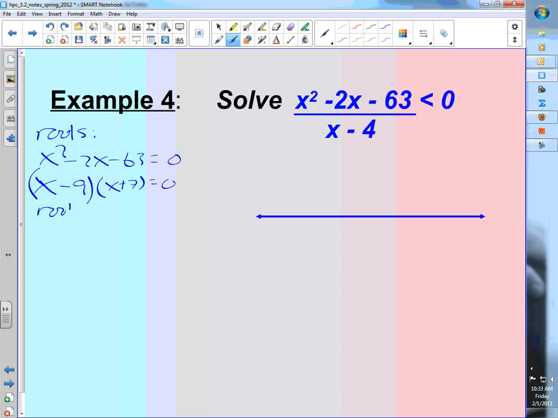So your roots are 9, 0, and negative 7, 0. Asymptote, where is that? X equals 4.